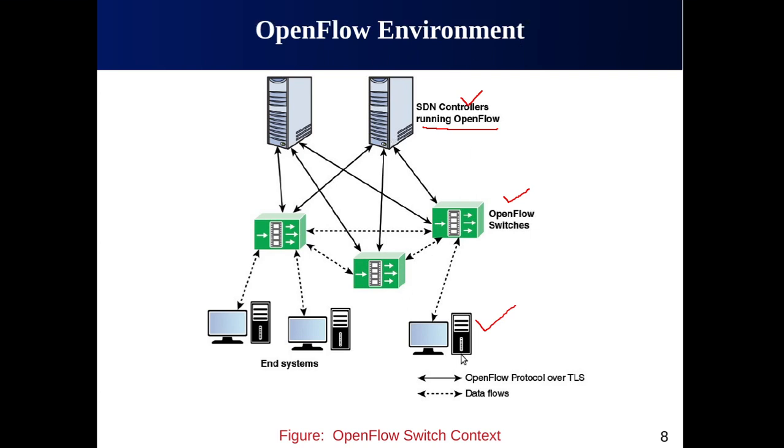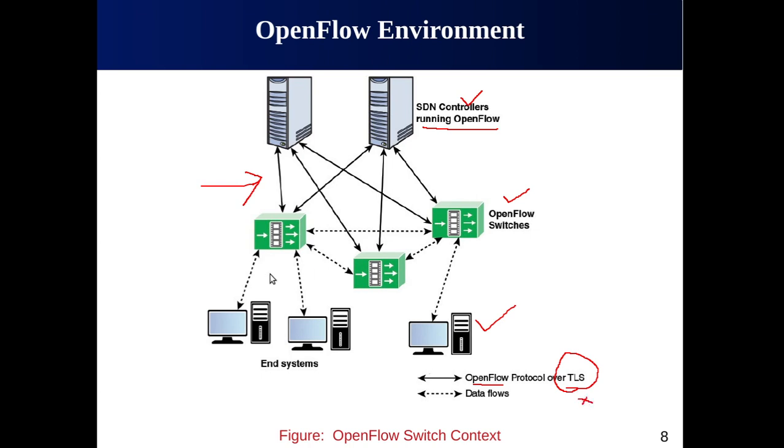You can see two different types of communication. One, the bold lines, the double-headed arrows that you can see here, represent the communication between the switches and the controllers, and it is based on the OpenFlow protocol, which is implemented over TLS, but for the time being ignore this term TLS.